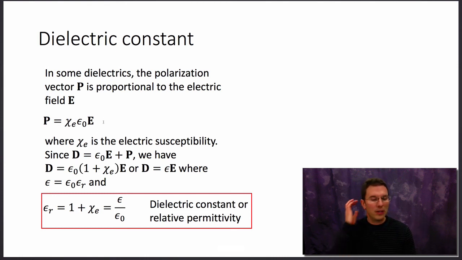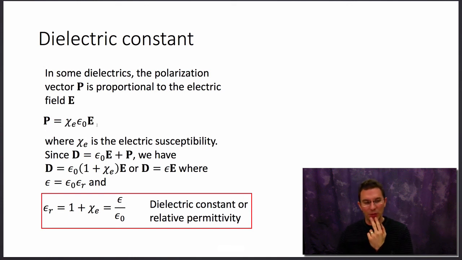I mean, it makes sense that, for instance, as you increase the electric field, the atoms should be stretched more, and therefore the polarization vector should increase as well. So it makes qualitative sense to do this, and this constant of proportionality here, chi sub e, is called the electric susceptibility. So this is just a way that we can relate this polarization vector P to the electric field.